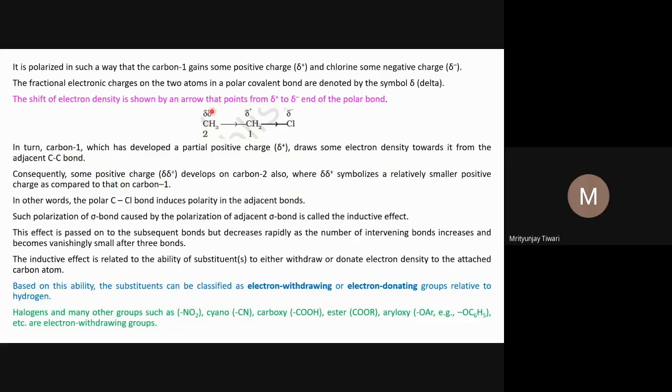This is because the positive charge the carbon atom has acquired due to the polarization of this bond causes the pulling of the shared pair of electrons, and that will not be 100% translated into this pulling.